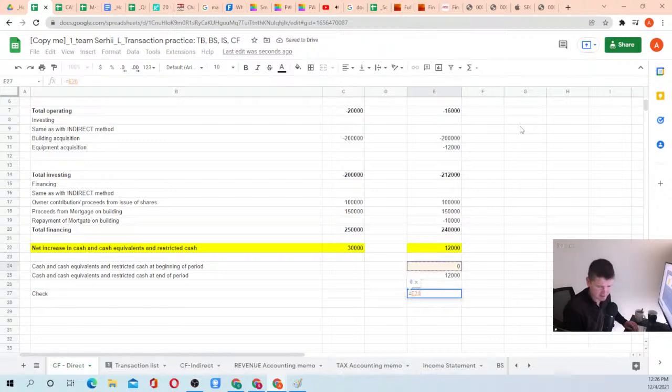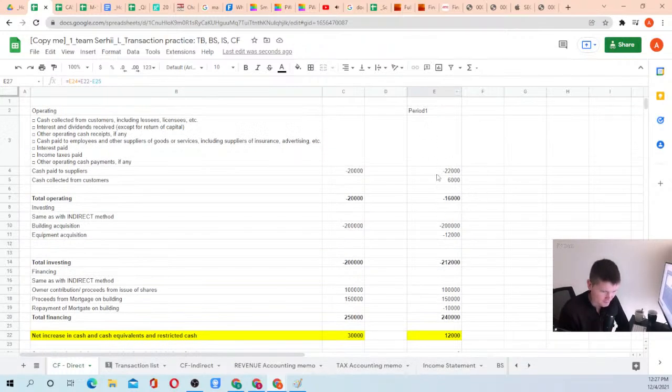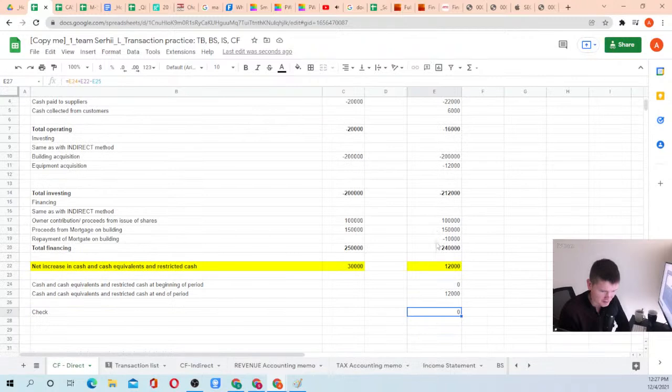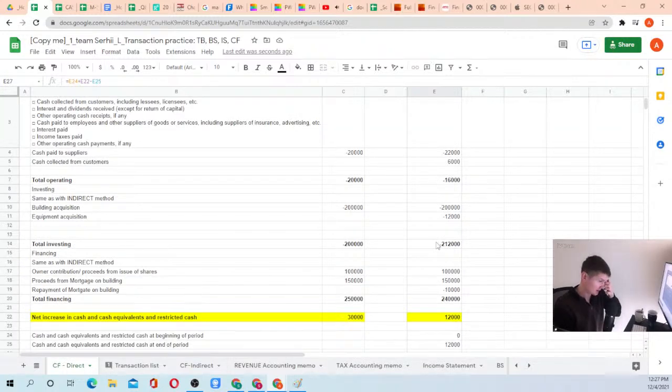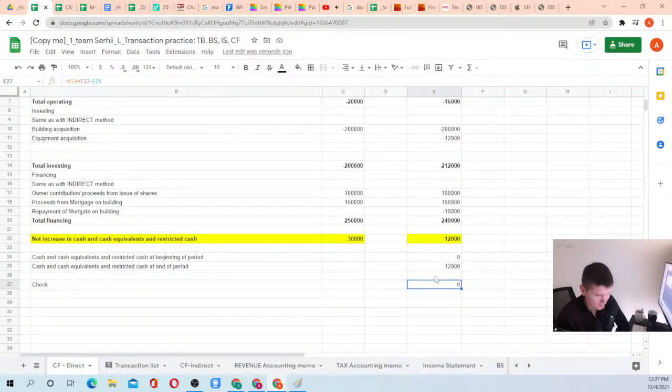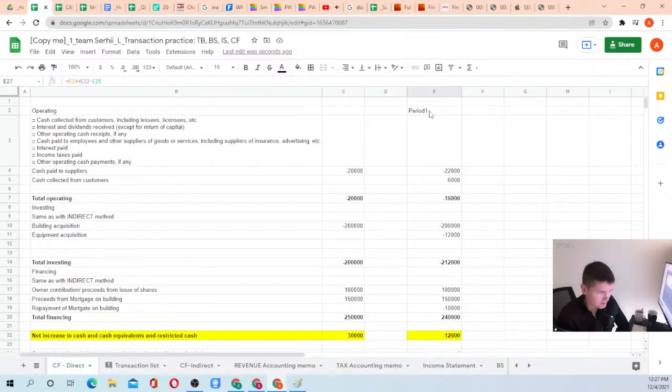So we basically have 0 at the beginning, we have cash inflow of 12,000, and we deduct what we have in our balance sheet, and we got 0. That means that our direct method cash flow is correct for the period. We are good. We did direct method cash flow for period 1.